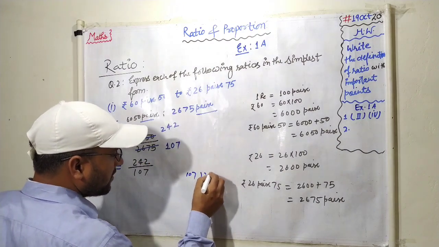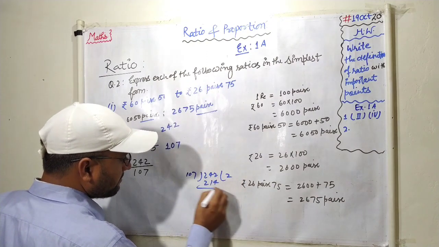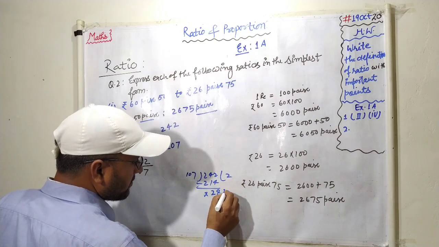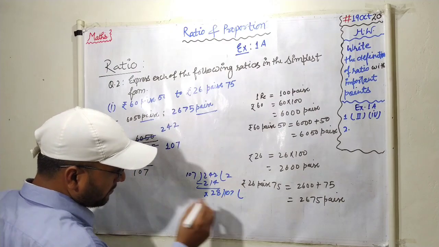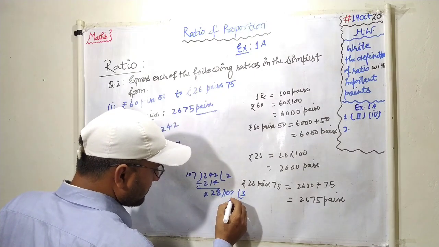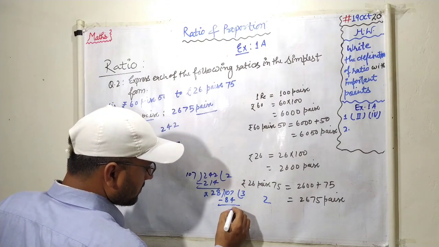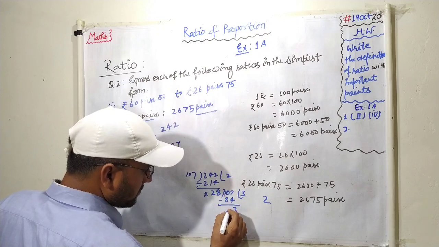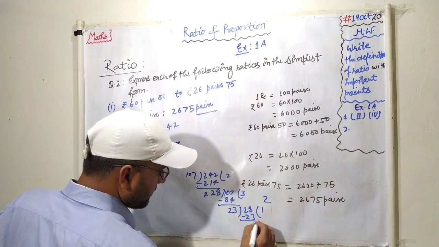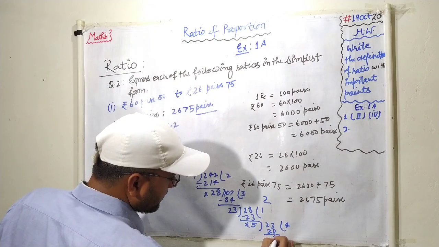So 107, 242, I think 2 times, 2 1s are 2, 4, 8, 2, cancel out, 107. 3 times, 2, 23, 5, 23, 4, 20, then 3 is remaining.